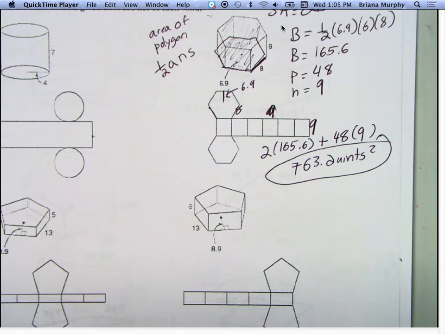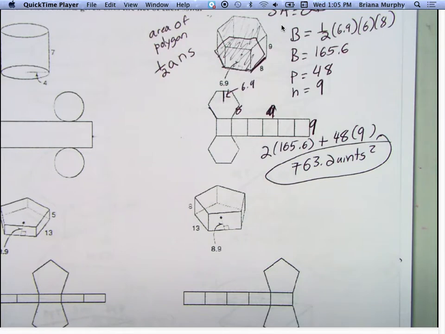Try it. Don't sit there and make silly noises. Wait, so is this a 2B plus pH? This is the number of sides.